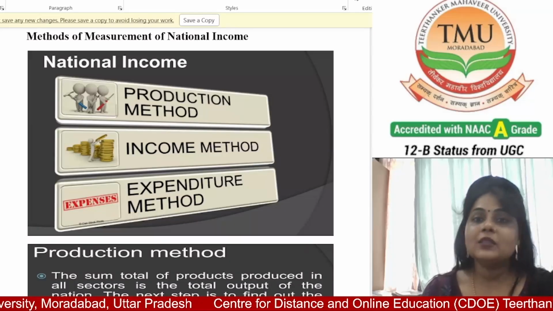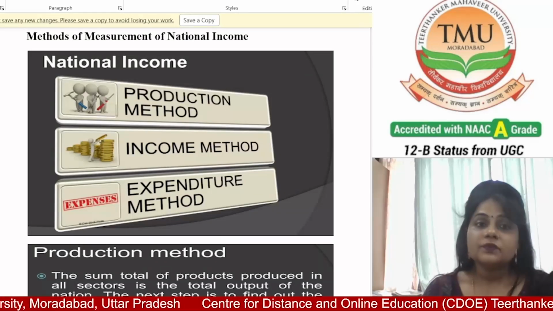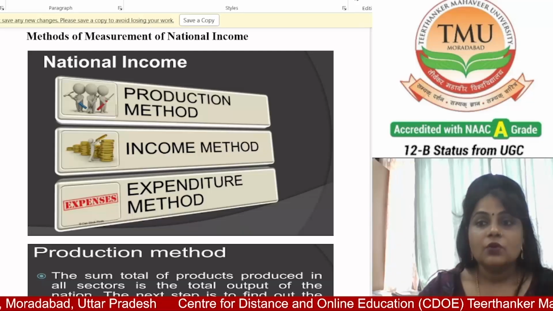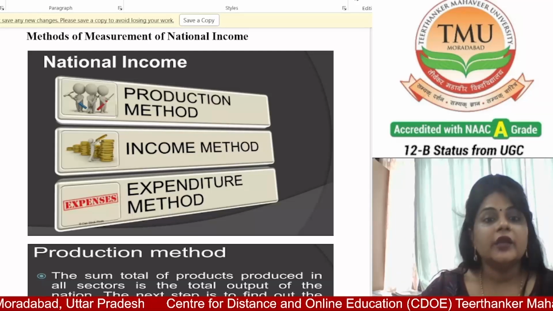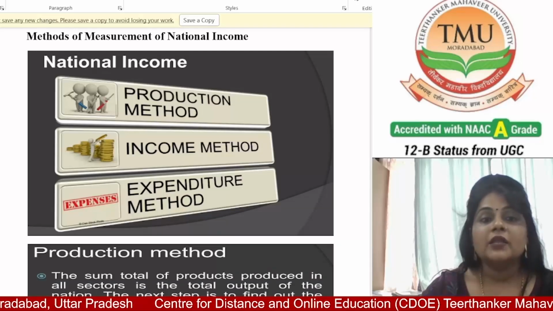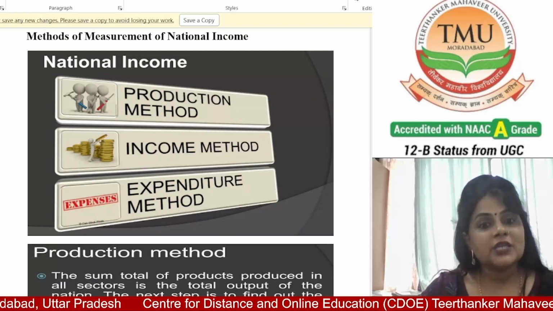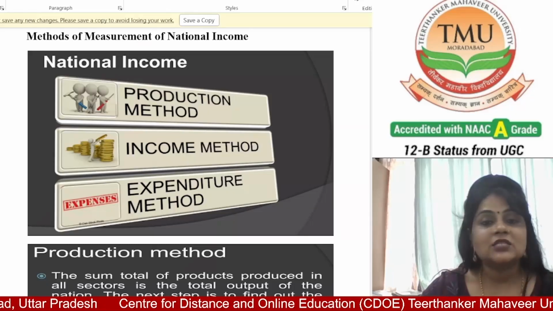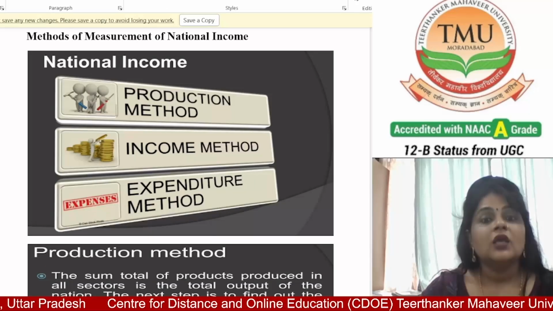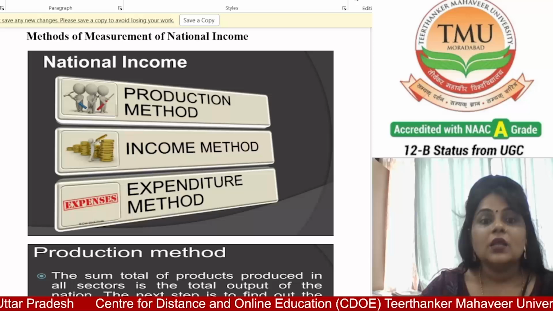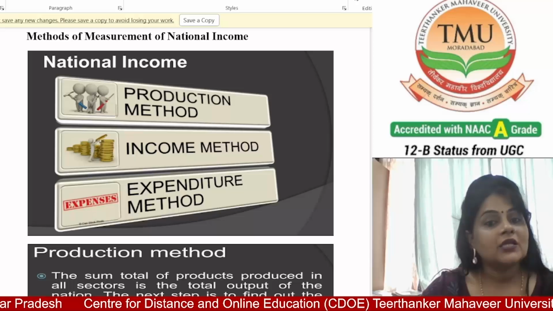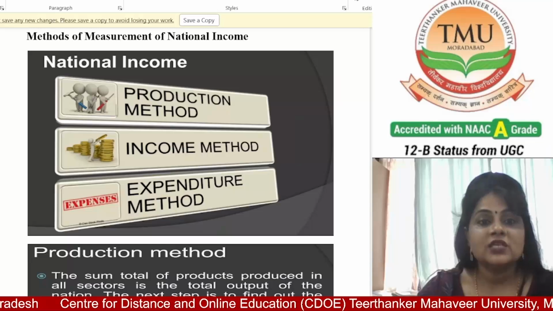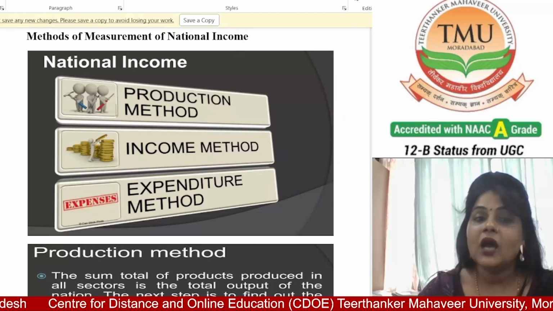introduce national income definition. National income is a certain term which is used interchangeably with national dividend, national output, and national expenditure. On this basis, national income has been defined in a number of ways. In common parlance, national income means the total value of goods and services produced primarily in a country.